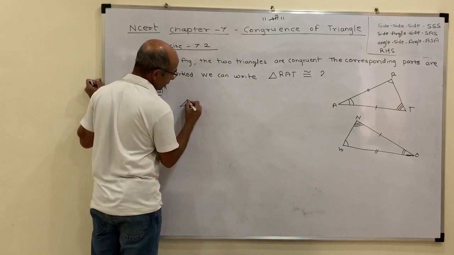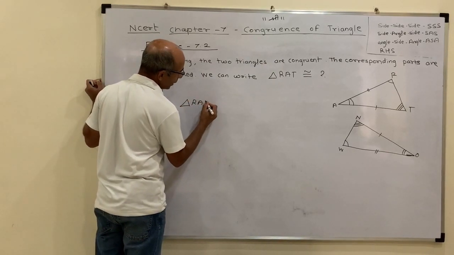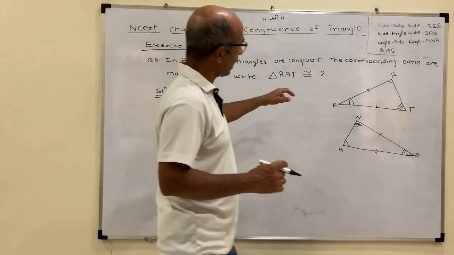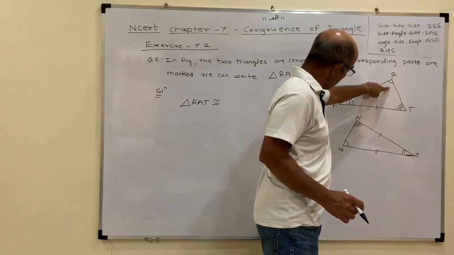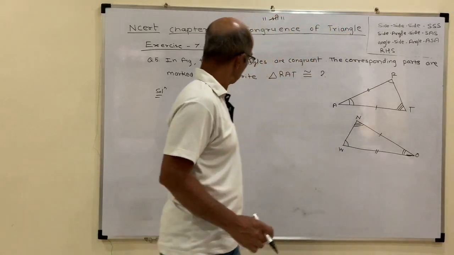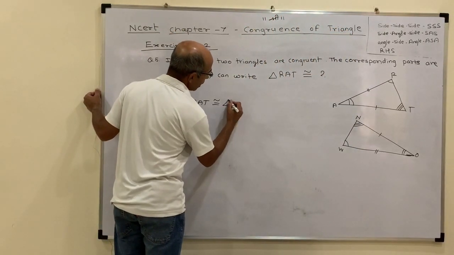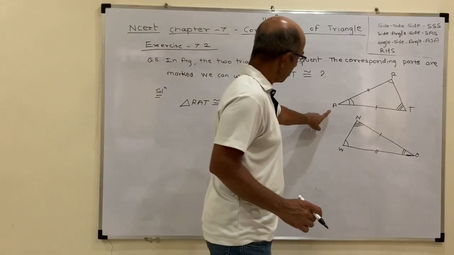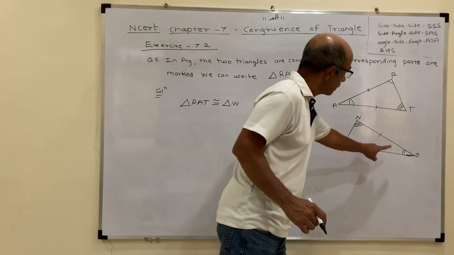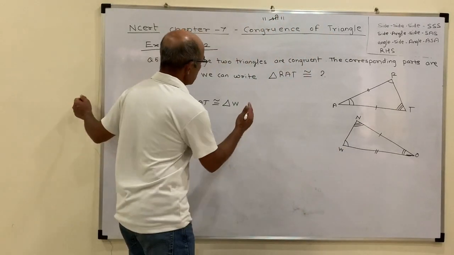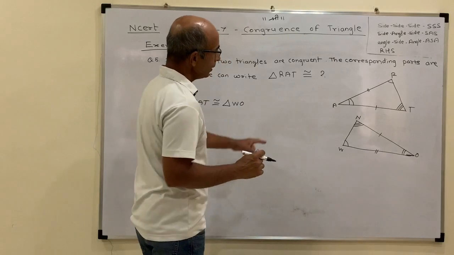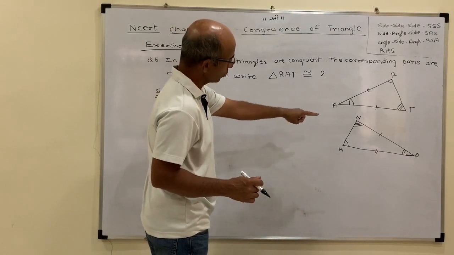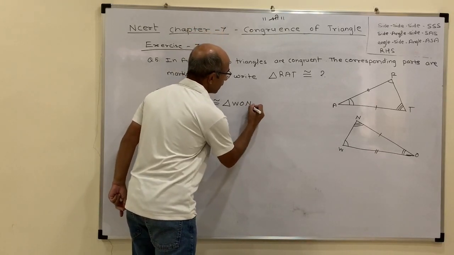So triangle RAT is congruent to, now angle R is equal to angle W. So we say triangle W, then angle A is equal to angle O. So we say O, and then angle T is equal to angle N.